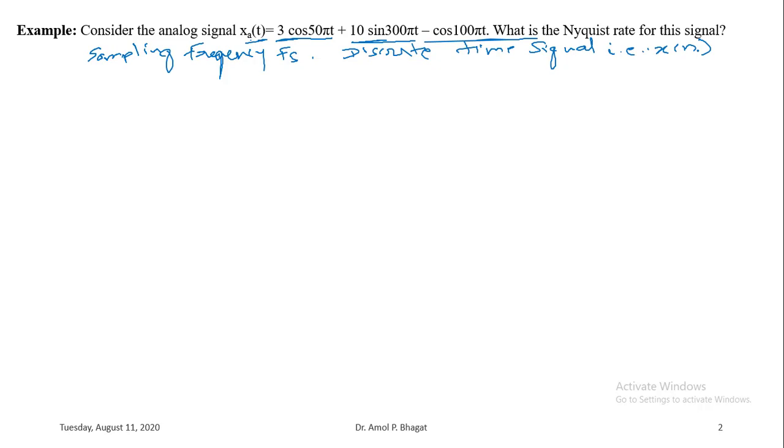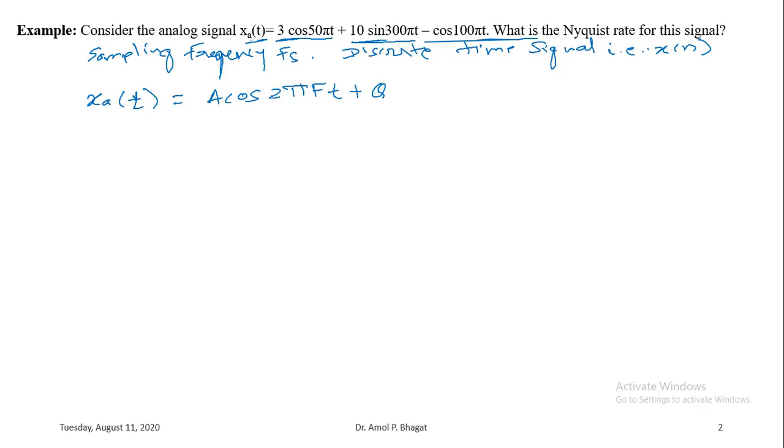Before solving this problem, what we have seen in the previous session is, we have taken an analog signal, that is x of t, as A cos 2 pi Ft plus theta, and we have tried to convert it into a discrete time signal.